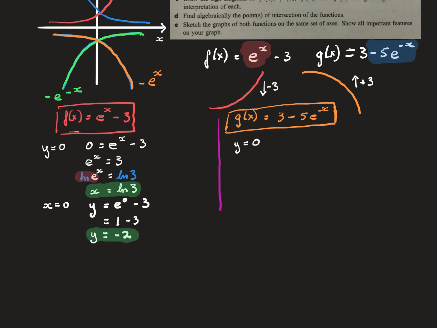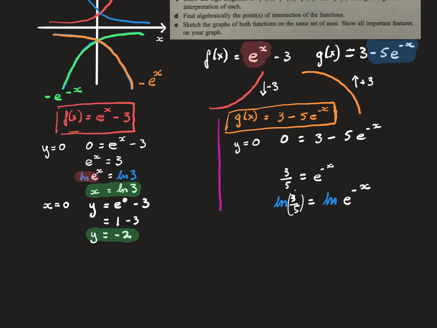And now to the g(x) function. That's going to be 0 is equal to 3 minus 5e^(-x), so e^(-x) is 3 divided by 5. Take ln of both sides, which is ln of 3 over 5 equal to ln of e^(-x).